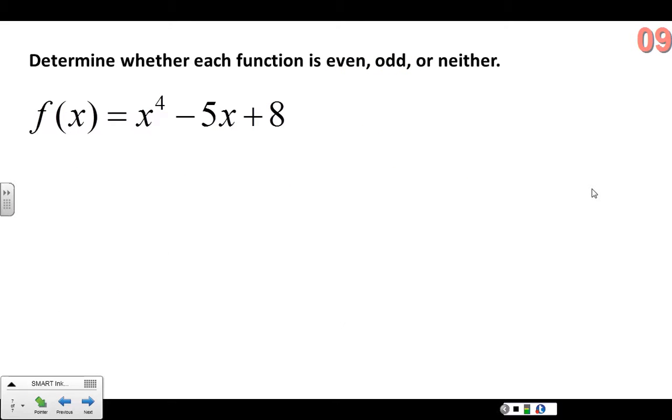F of x equals x to the fourth minus 5x plus 8. So we have a bigger equation here, but we can still use those same properties to determine whether or not it's even, odd, or neither. So the first test we want to check is just replacing x with negative x. So let's try that.